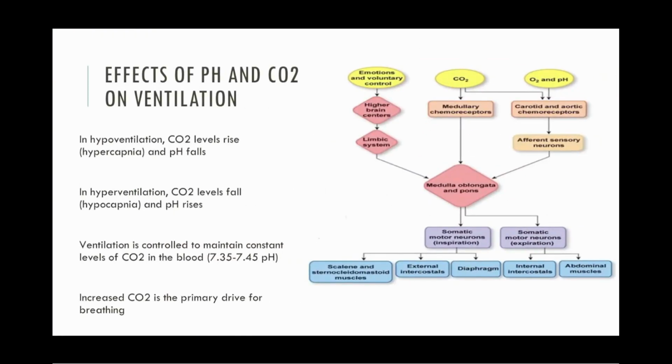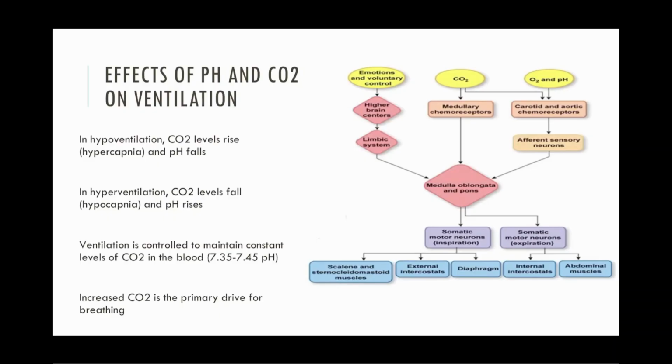So what effects do pH and CO2 levels have on ventilation? The main driving force for your respiration is not the lack of O2 in the blood, it's the CO2 concentration that drives your breathing. Yes, PaO2 is the main homeostatic variable, but to change your breathing, it's the CO2 that causes the most profound changes in your respiration.